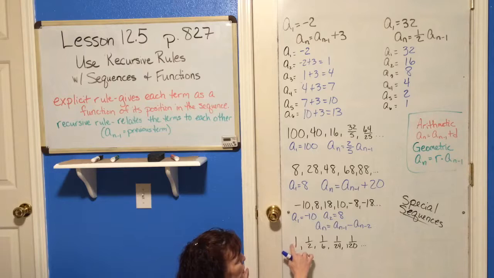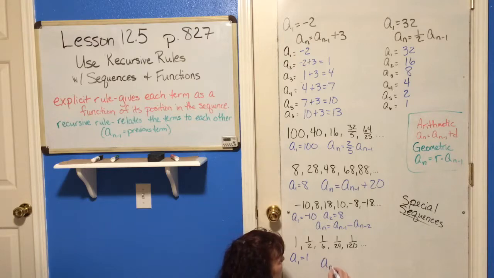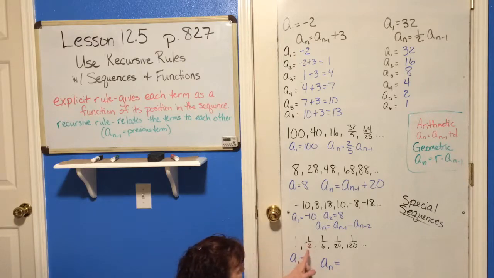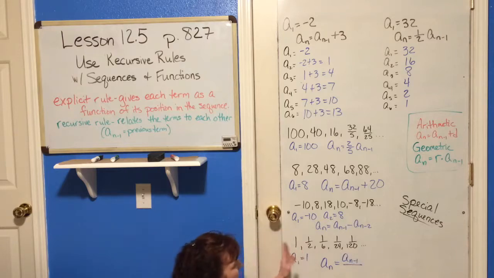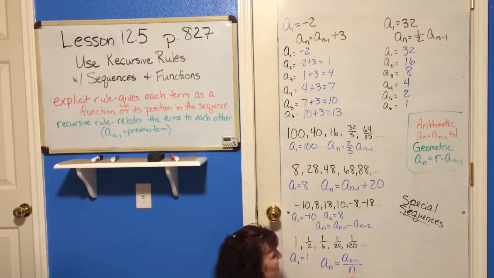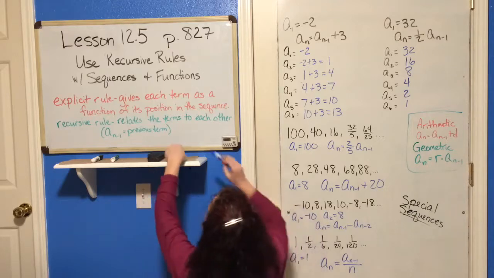This is the first term divided by, let's see. No, you take the previous term and you divide it by the number that you're in. Because look at this. So we start with 1, and then this one is, let me use a different color so you can see what I'm doing.